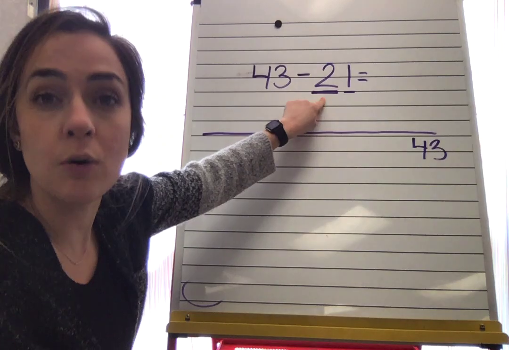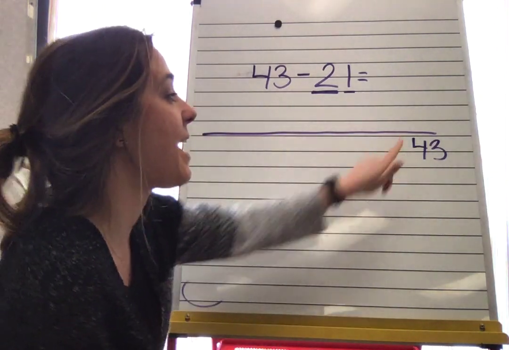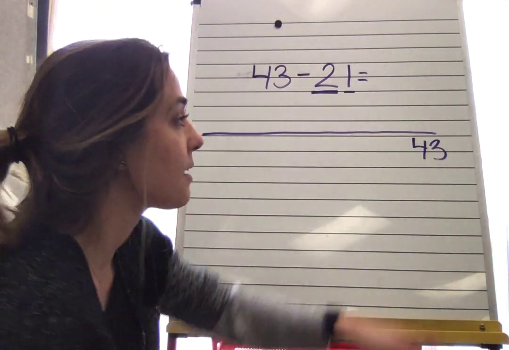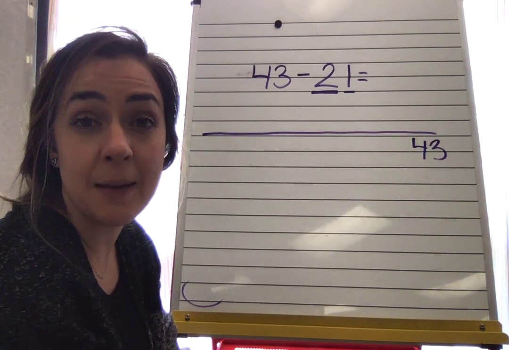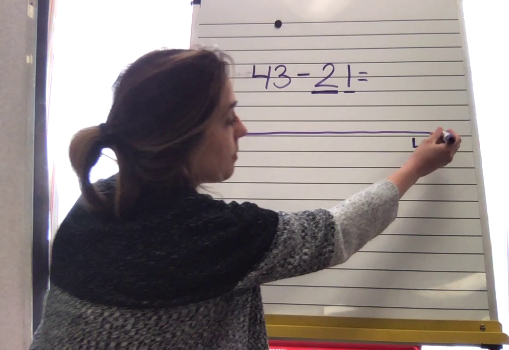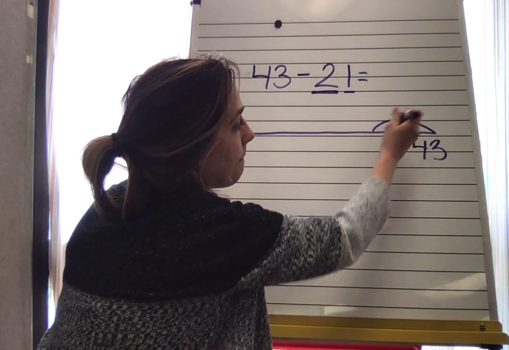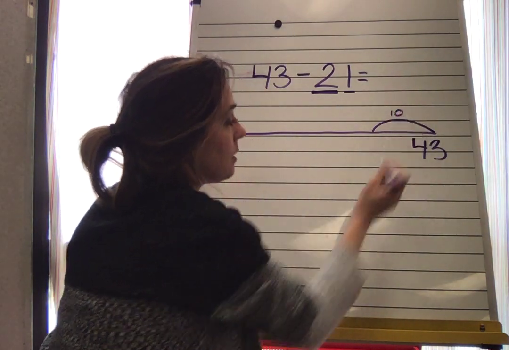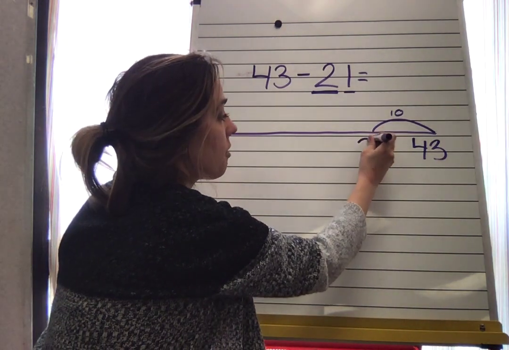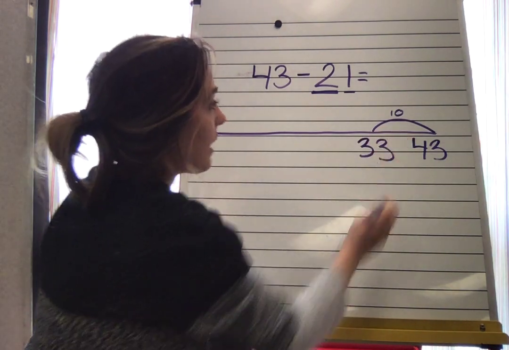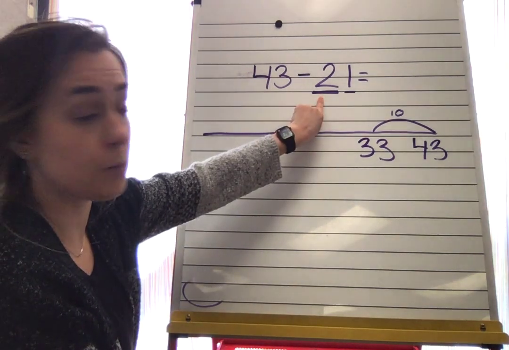I'm going to take 2 hops backwards of 10. And remember, I need to label 2 things. I need to label the kind of hops that I'm taking, and I need to label where I'm landing. All right, so I'm going to hop backwards 10. So if I'm at 43, now I'm at 33. Okay, remember I need to hop backwards 2 groups of 10.